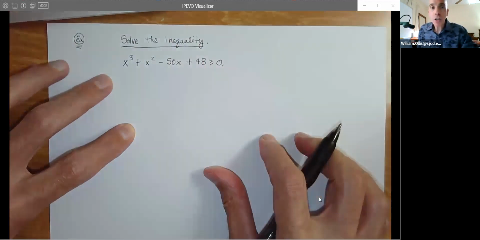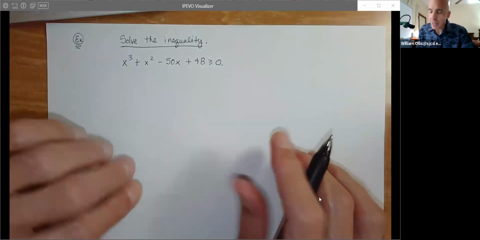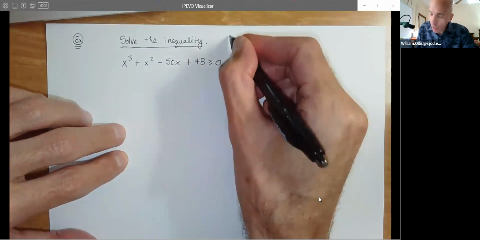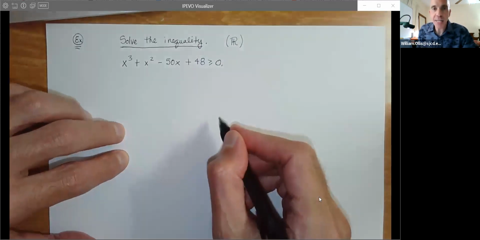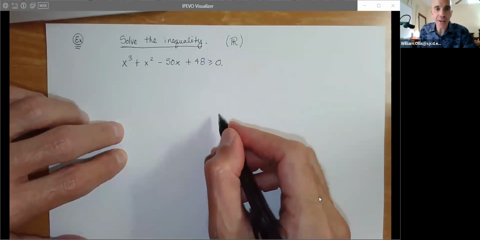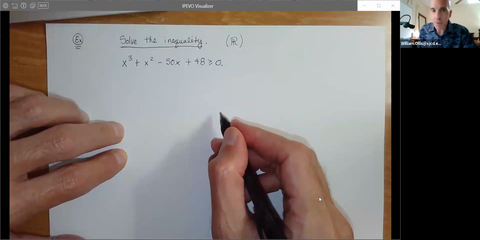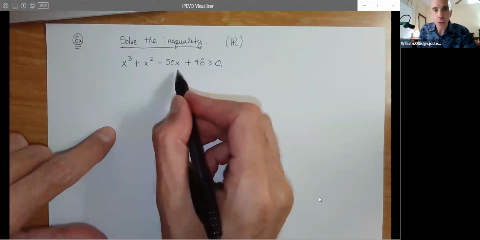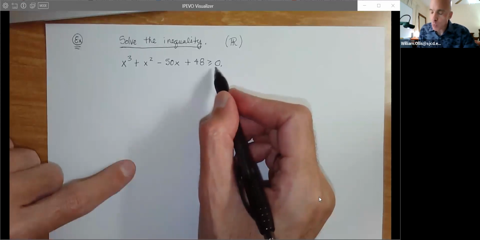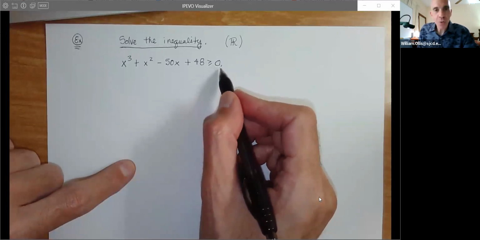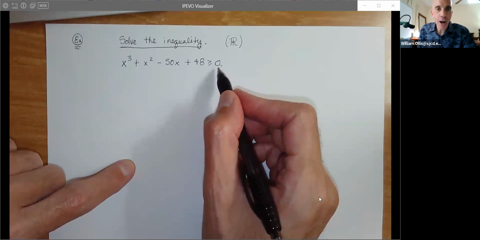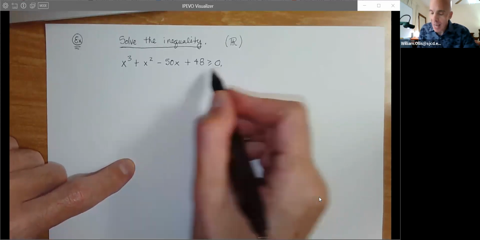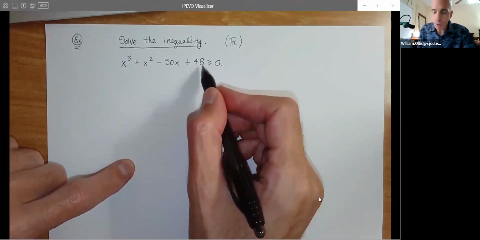Now, when we solve the inequality, we're going to solve this in R. We know about imaginary zeros and we know about complete factorization, and that's a very useful technique. But in this particular case, we have a setup that's really tailor-made for our BV technique. That is, we already have the 0 here, and then we have this polynomial.